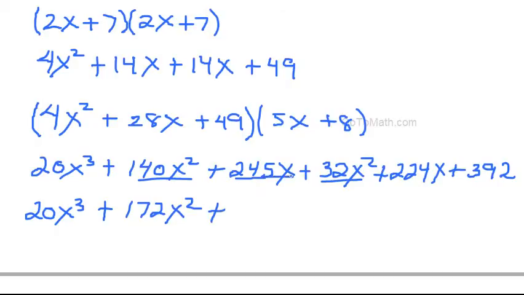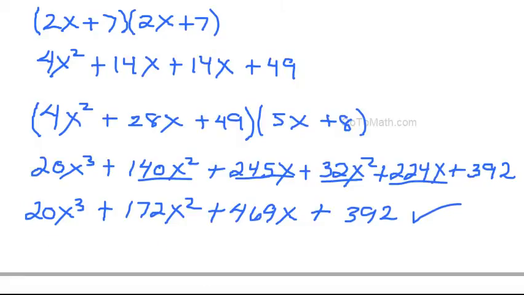Well, we've got 245x and 224x, so that's going to be 469x, I believe. I sure hope that's right. I should probably get a calculator out, and then plus 392. Doing this stuff in my head could cost me here. Okay, so there you go.